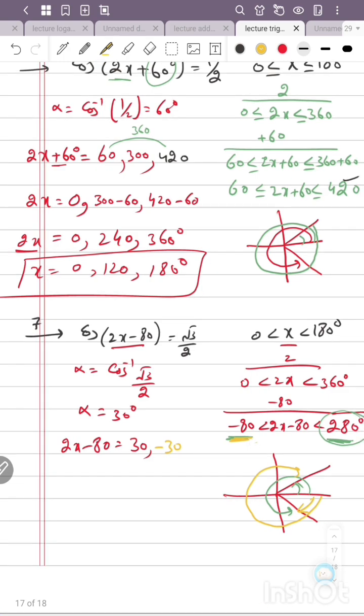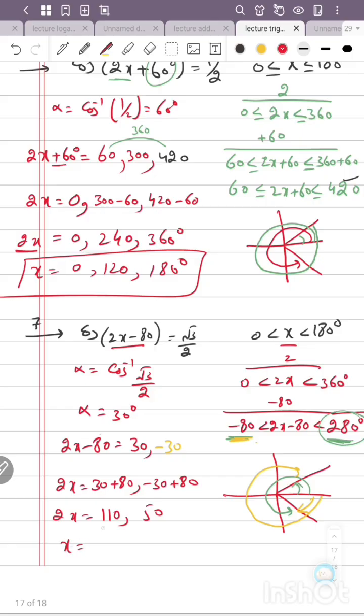Now we have to write the answer. 2x minus 80, on the other side it will be subtracted, because on the left side 80 is negative and on the right side it will be positive, added to 30. So 80 minus 30 plus 80, we get 50.